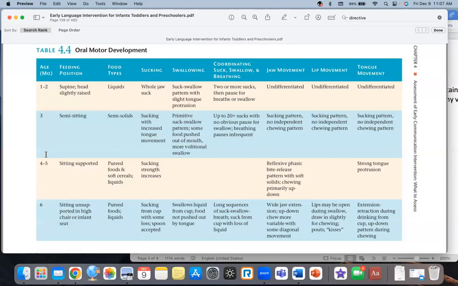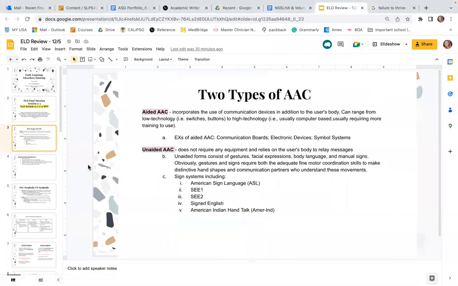So have conversations with parents and caregivers and teach them how to integrate that AAC into their life. There's a whole bunch more I could say, but I don't think it's going to be that detailed. But know aided versus unaided and know some examples, which are here.